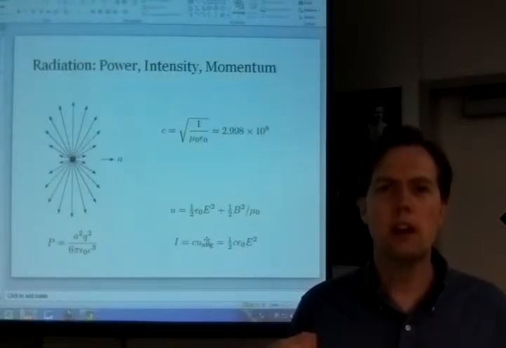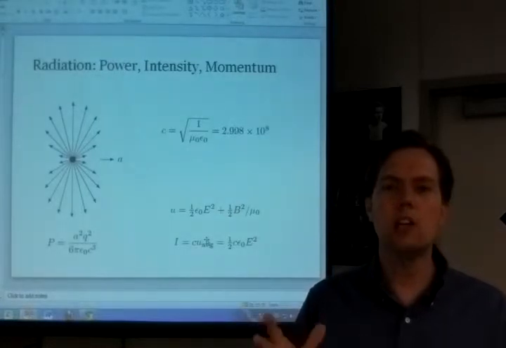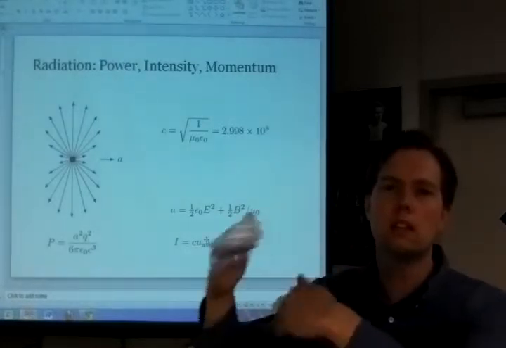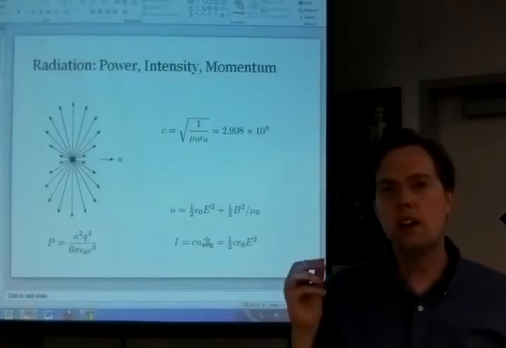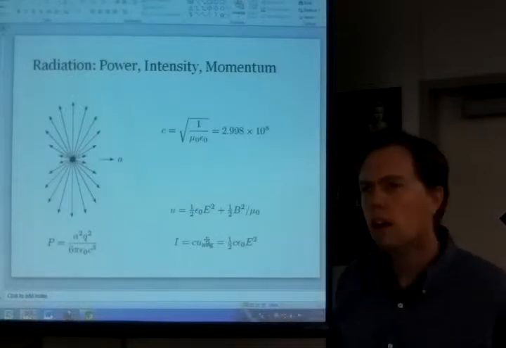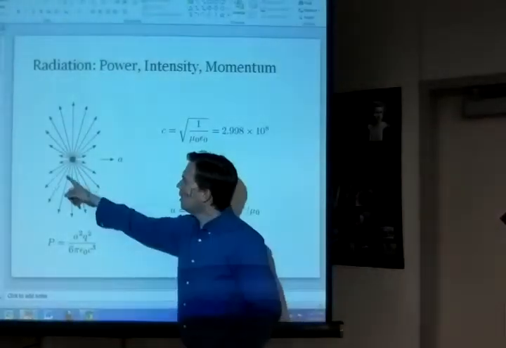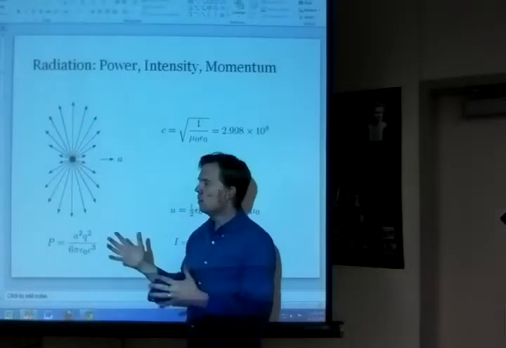But current's not enough. Current generates a static magnetic field. I need a changing magnetic field to get this kind of feedback loop in place. So it's not enough to have motion, I need to have acceleration.